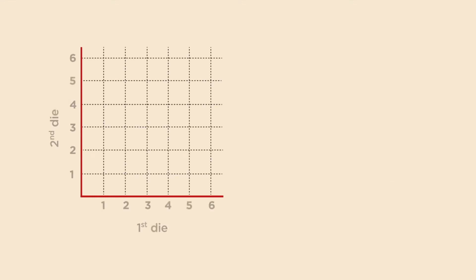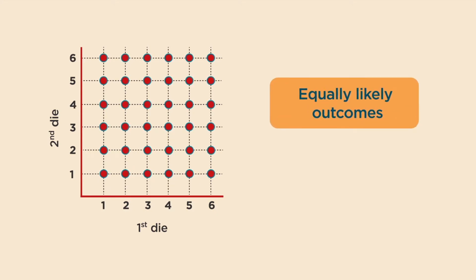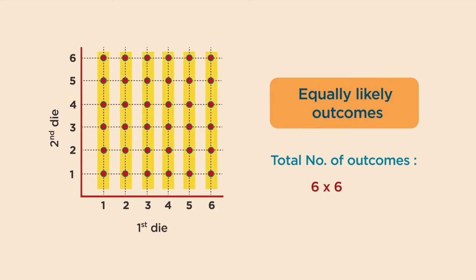Similar to the experiment of flipping two coins, we start by listing down the outcomes of both dice. Each dot on the diagram represents an equally likely outcome. For example, this dot means getting a 5 on the first die and a 4 on the second die. So how many outcomes are there altogether? There are 6 times 6, or a total of 36 outcomes.